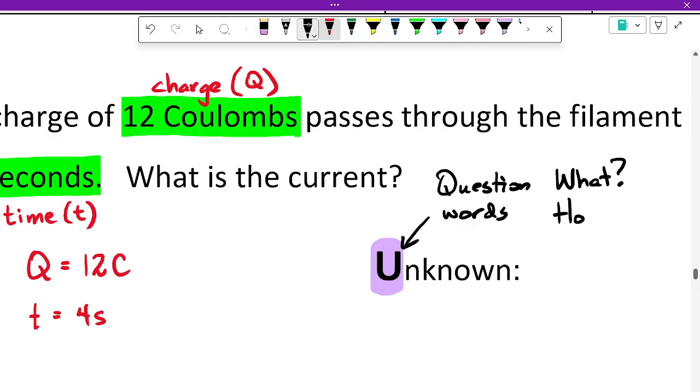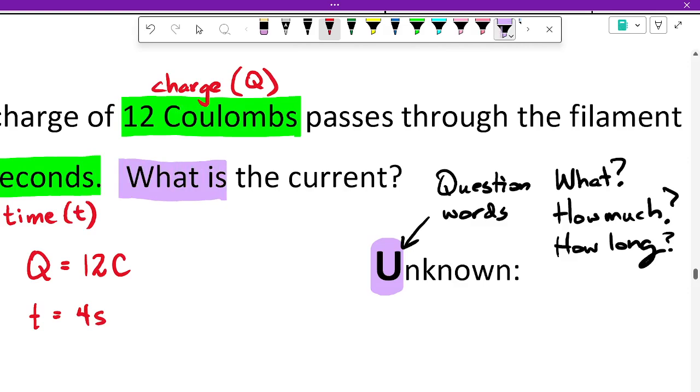How much? How long? Any kind of question word like that is going to tell you what your unknown is. So where is our question word in this question? It says, what is, and what are we looking at? We're looking at the current.